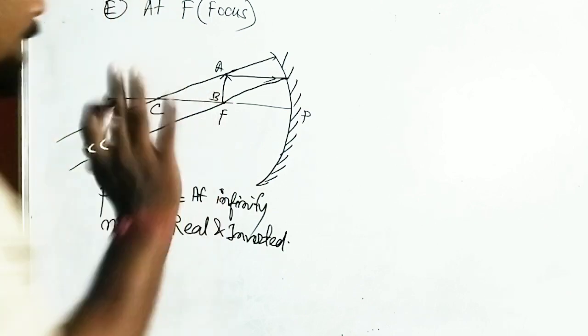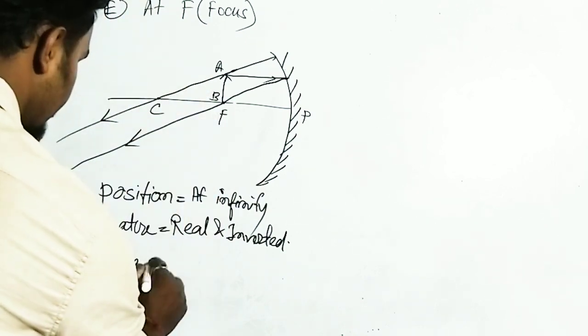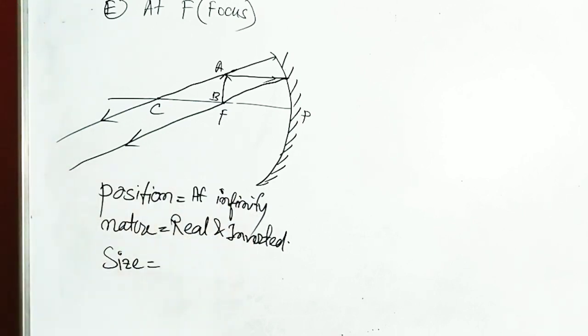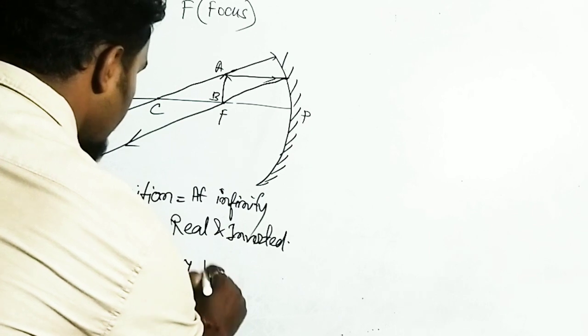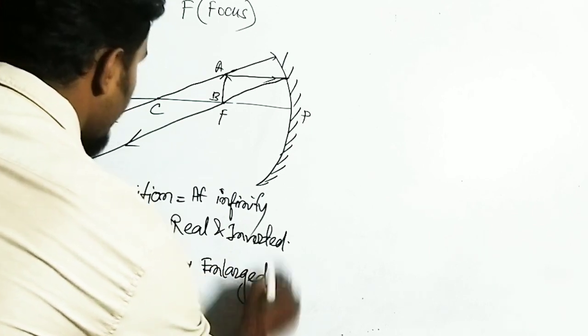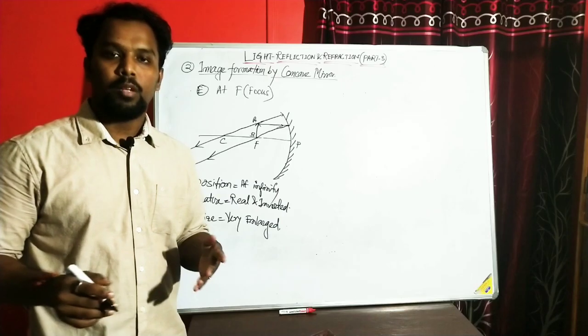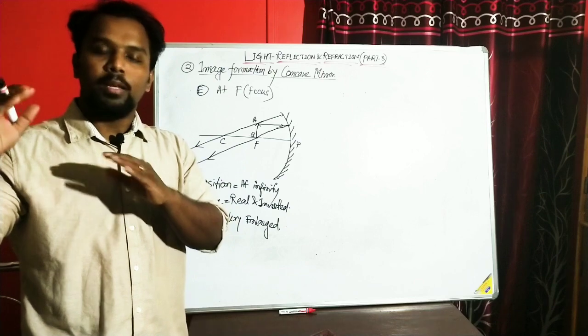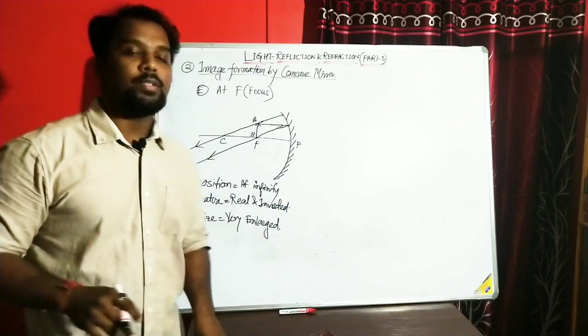Now my question is about size. Regarding the size, I will tell you the size. That is not the question. What will be the size? Size is very enlarged. Now my question is, why is the size very enlarged? That means why is the image size going to be very much bigger than the object size?